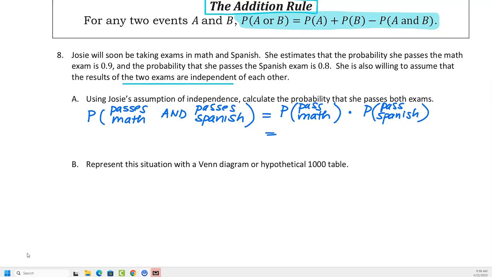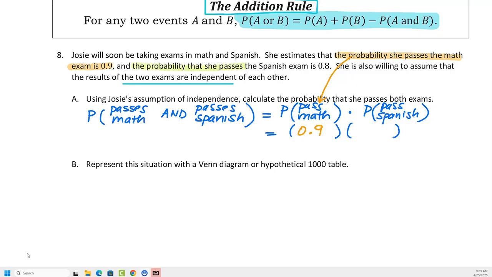So the probability that she passes math is 0.9. So I'm going to take that and put that in this location. So it's going to be 0.9 times, and then the probability that she passes Spanish, let me find that now.